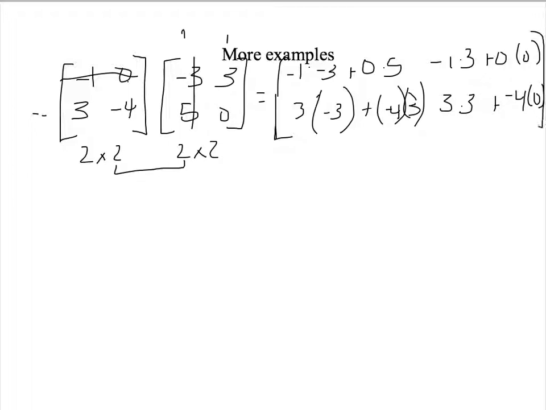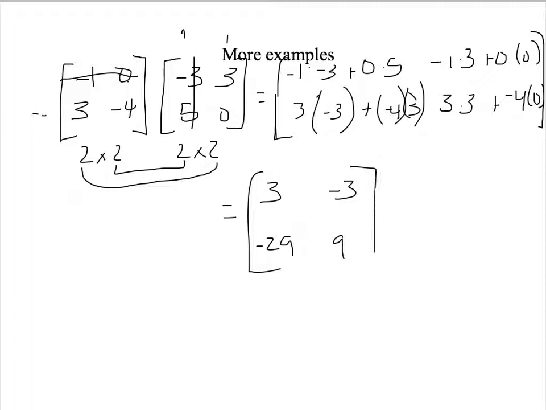Okay, let's come up with an answer here. First of all, I'm going to end up with a 2 by 2 matrix. That'll be my answer. -1 times -3, so that's 3. That's 0. So this is 3. This is -3. This is -9 plus -20, -29. And this is 9, just 9. Okay, so there's my product matrix.